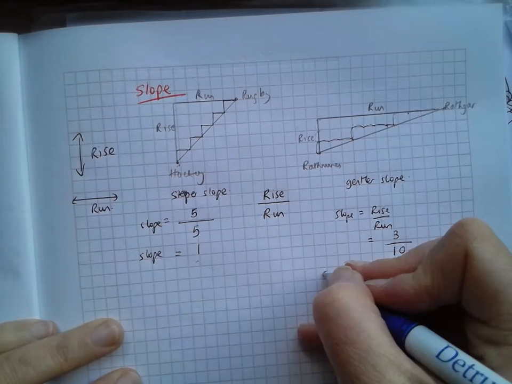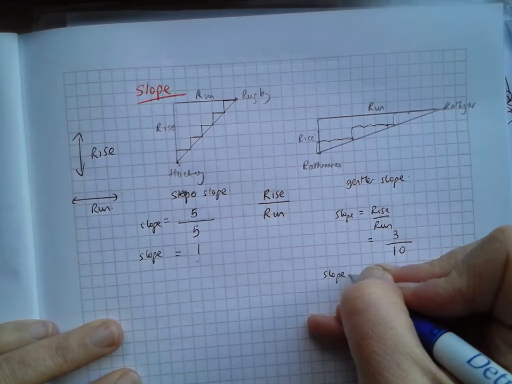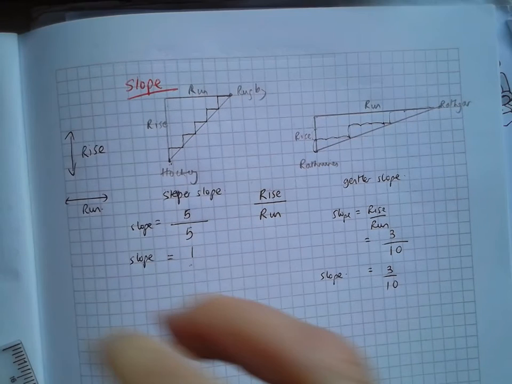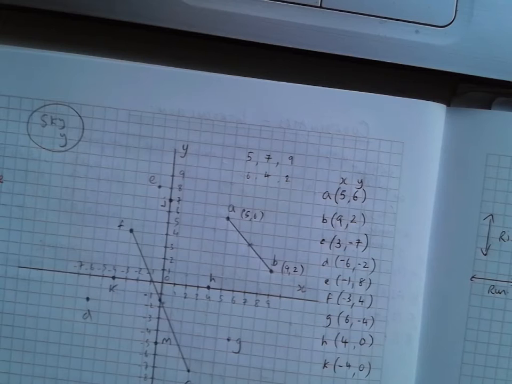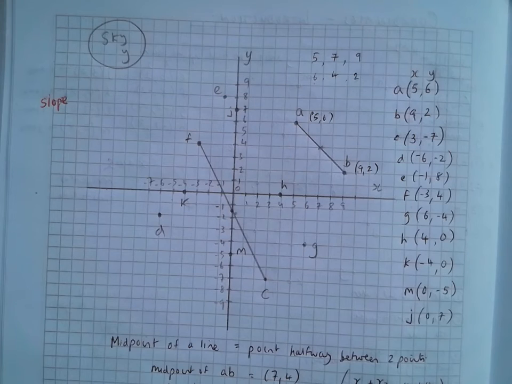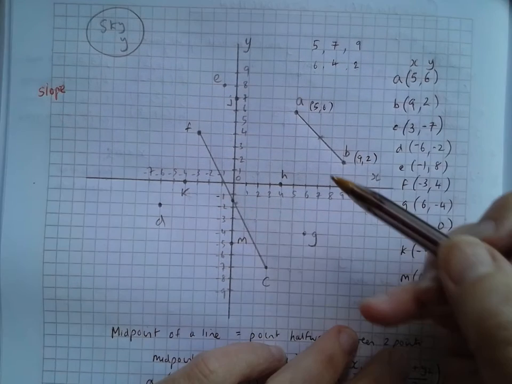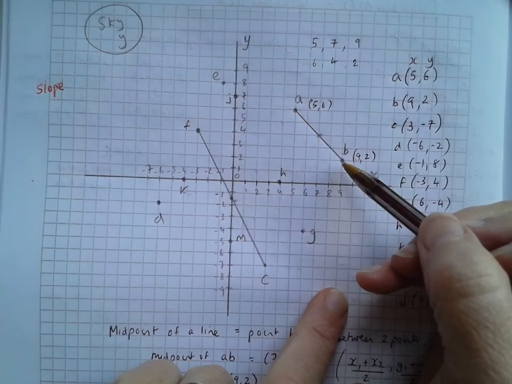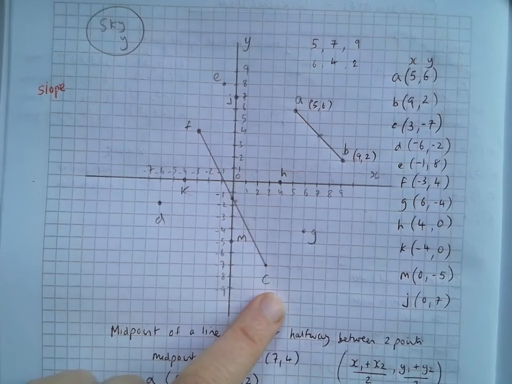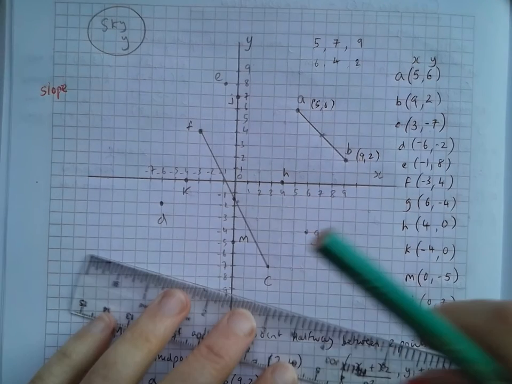So if you can try and get into your heads that slope means rise over run, it'll make it much easier. So let's just look at this on our diagram. Let's take the 2 lines we drew here, AB. Now, actually, no, let's take lines that are going up first of all, so from left to right. So let's take line FE.